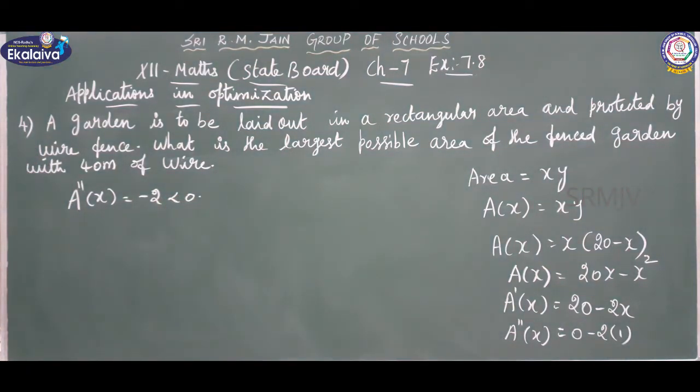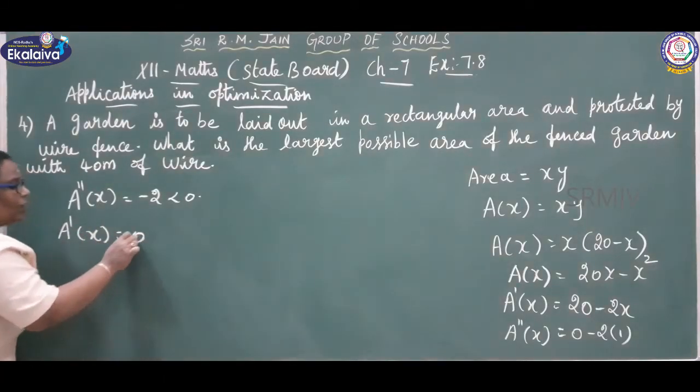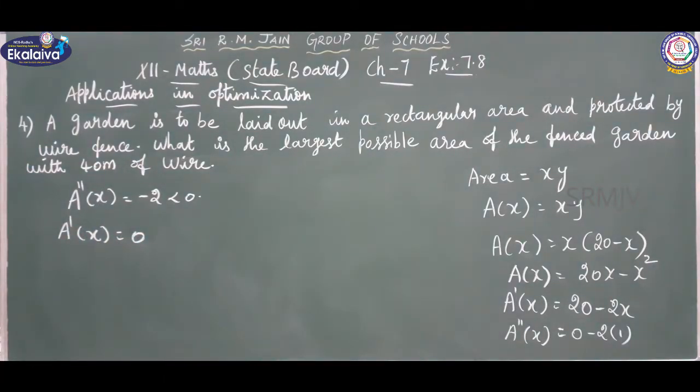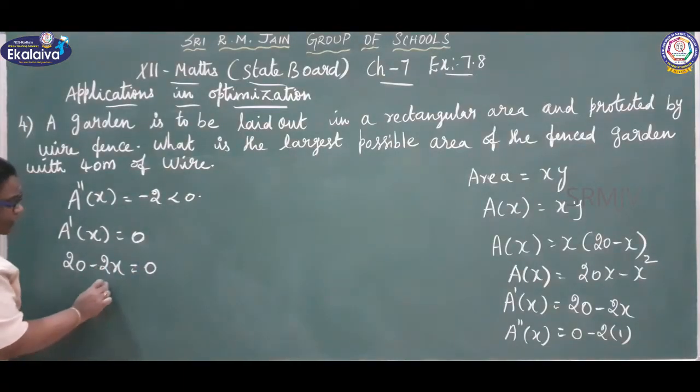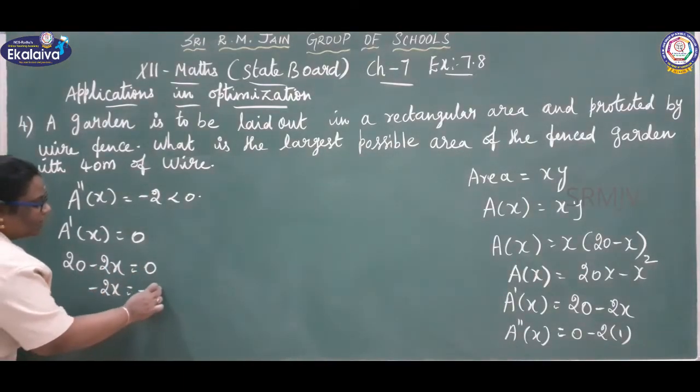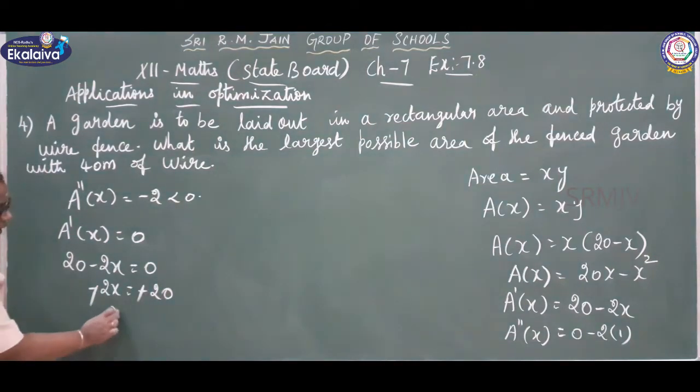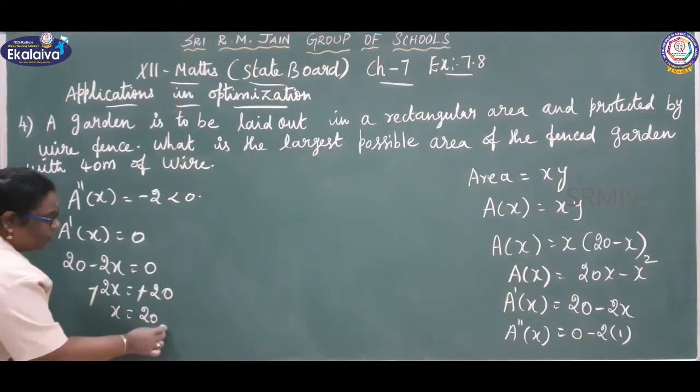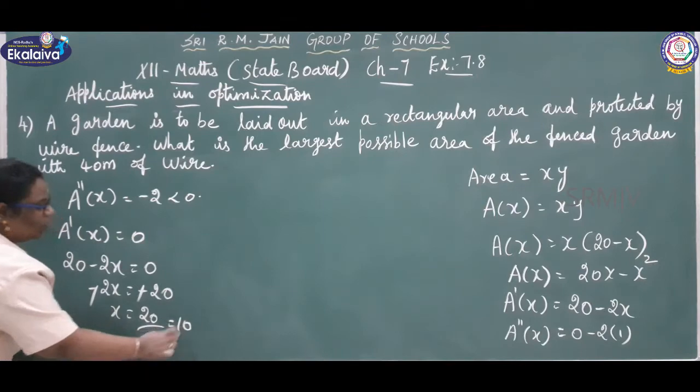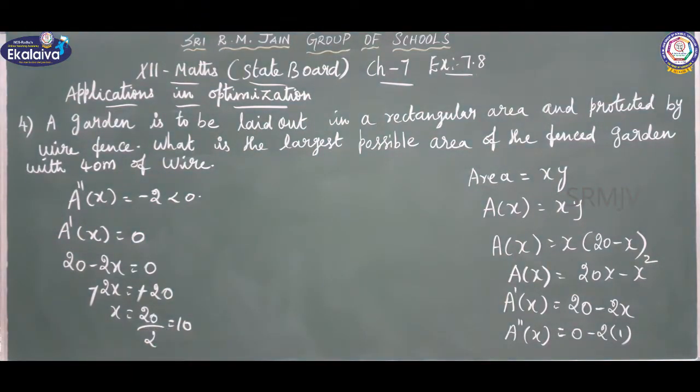Anyway, you should find the value of A dash of x equal to 0, because we should find the value of x. 20 minus 2x equal to 0. Minus 2x equal to minus 20. x equal to 20 by 2, the value is 10.